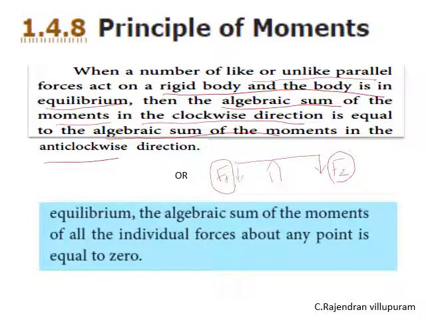What is the algebraic sum here? The algebraic sum means the force direction is very important. Here this produces an anti-clockwise direction. So if the force F1 is like here, the moment will act in this direction. This is anti-clockwise. If you take this force, this will make a clockwise rotation. So this is anti-clockwise moment and this is clockwise moment. If they are equal, the object is in the equilibrium condition. This is the principle of moment.